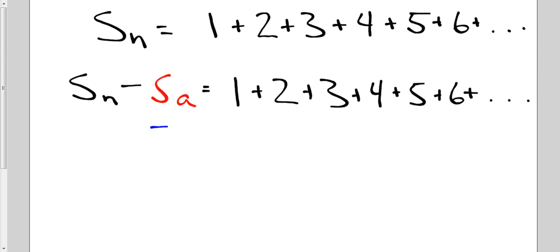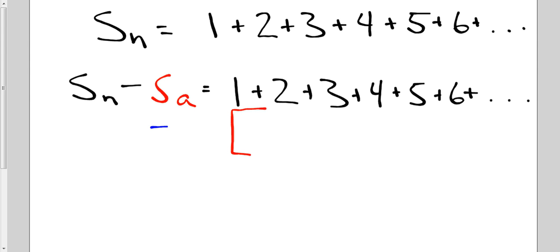And then I want to do S sub A in red. I'm going to put it in parentheses. All right? And remember, what is S sub A? 1/4. Well, the value is 1/4, but what is the series? It was 1 minus 2 plus 3 minus 4.